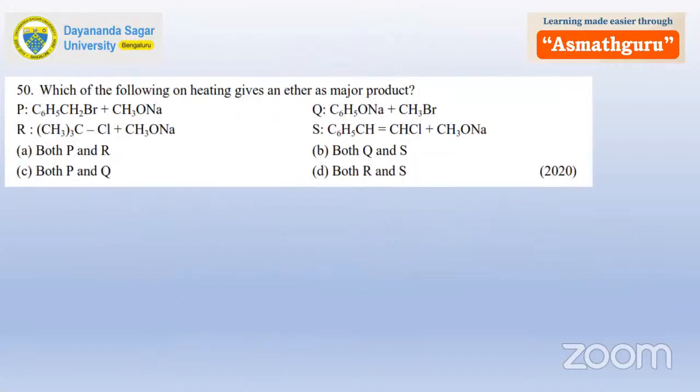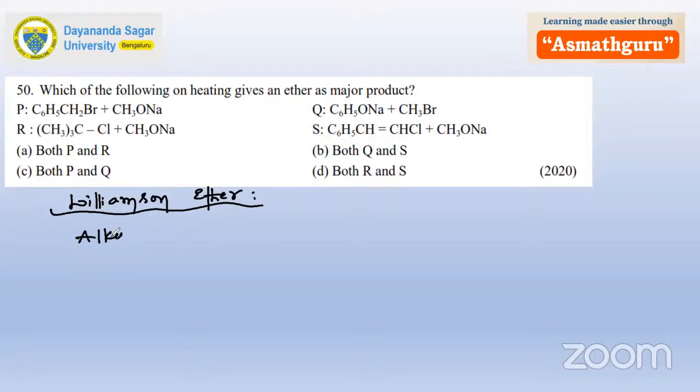Look here. In the last CET, they again asked a question like this. Which of the following on heating gives an ether as a major product? We know that ether is obtained by Williamson ether synthesis. What is that?